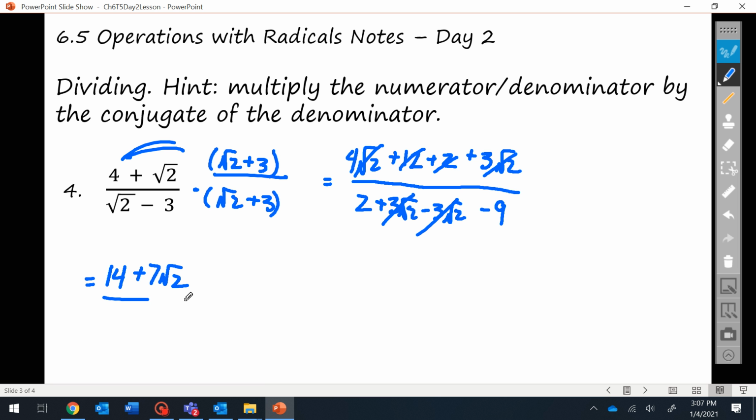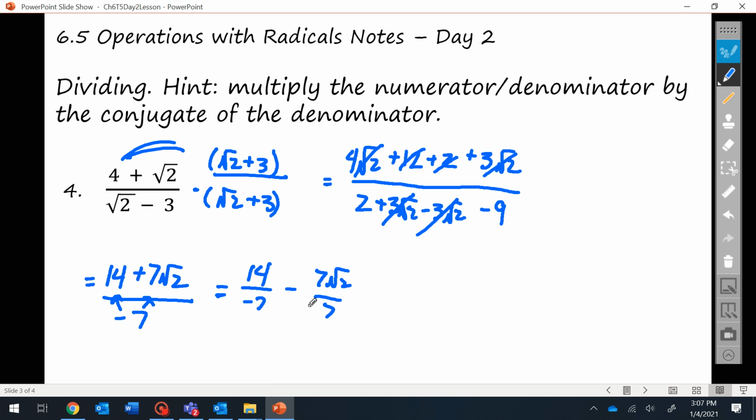And this is all over 2 minus 9, which is negative 7. Okay, so we'll split the denominator, the negative 7. We get 14 over negative 7 minus 7 root 2 over 7.